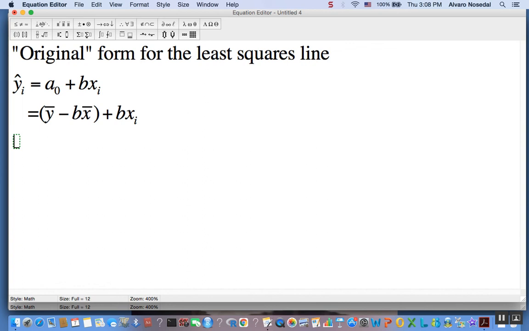Okay? Now, let's do a little bit of algebra. So this is the same as y bar, and let me factor out that b, and then that's the same as b times x bar minus xi.